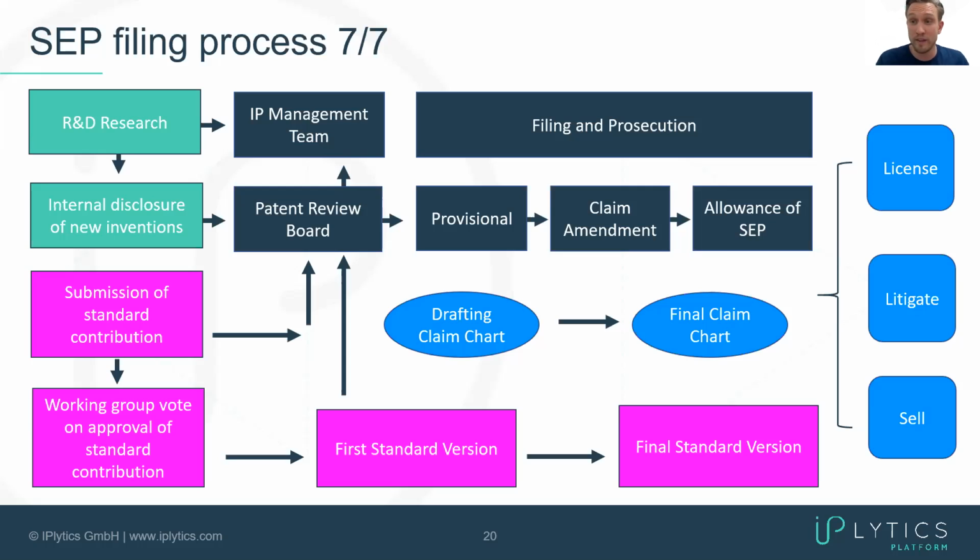So there wasn't any official payment yet of licensing terms because they are still in negotiation or in fight, to be honest. But the cars that connect to 3G, 4G are already there, right? So that is a good example to put it. But typically, one of the things we do with IPlytics is exactly that.